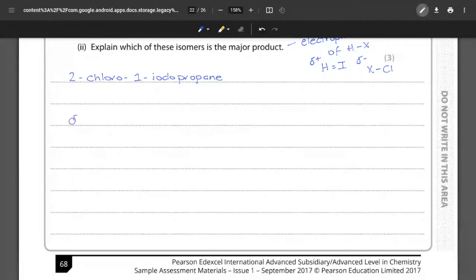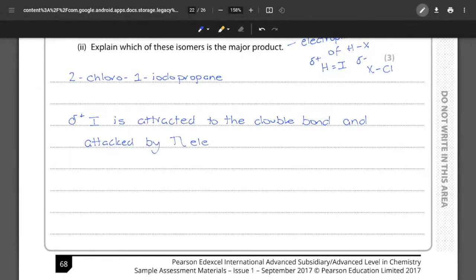So we have our delta positive iodine being attracted to the double bond. That's our area of high electron density. And it is then attacked by the pi electrons. So the electrons that are in the pi bond, that's where the curly arrow would be. And that is very similar to if it was a delta positive hydrogen. That means the iodine joins to carbon number 1.